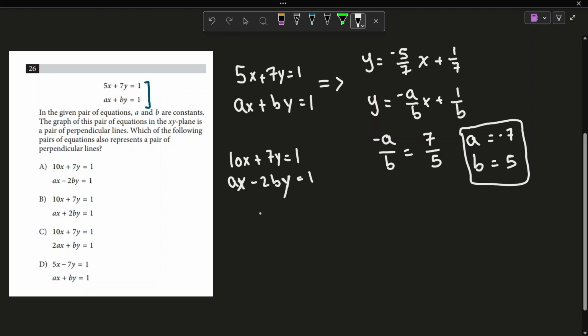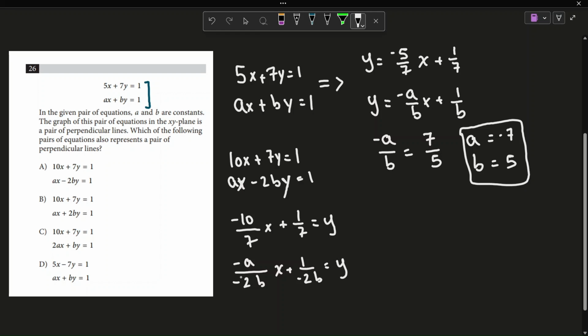Let's convert both of these equations to standard form. When we convert the first equation, we get negative 10 over 7 x plus 1 over 7 is equal to y. And when we convert the second equation, we get negative a over negative 2b x plus 1 over negative 2b is equal to y.